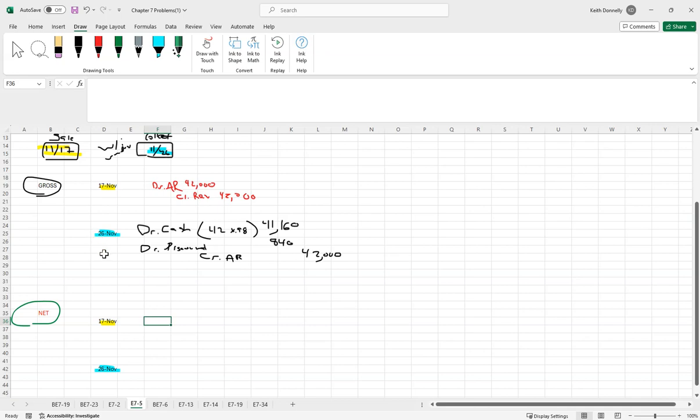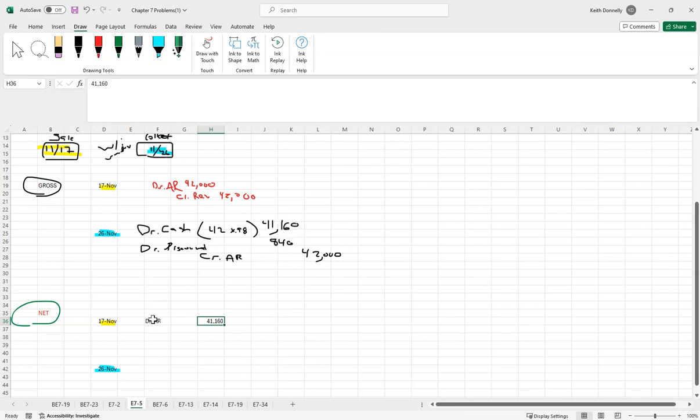It's within the window. The net method assumes that we get that discount. So they're going to do debit accounts receivable for essentially the 41,160, what we calculated up here.